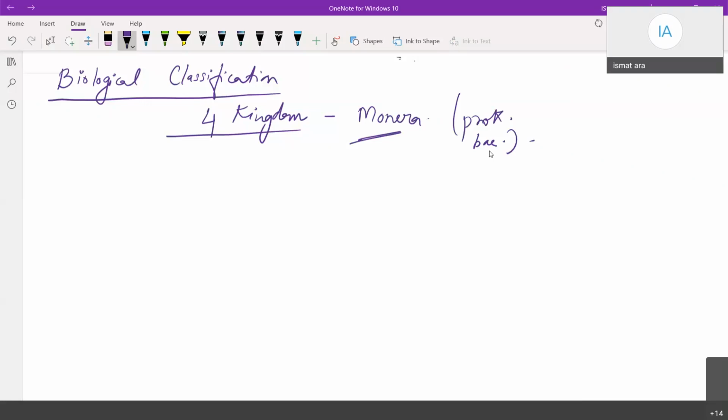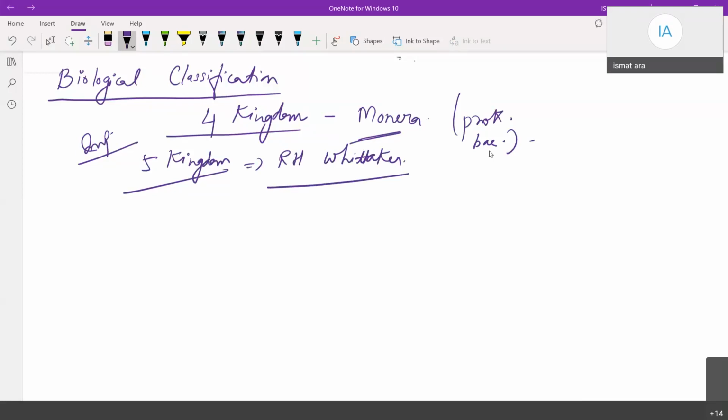Now five kingdom classification. This is very important, students, and its scientist's name is very important. Various times they have asked questions on this. R.H. Whittaker. Very important. Now what do we have till now?